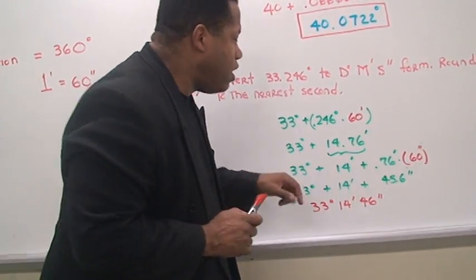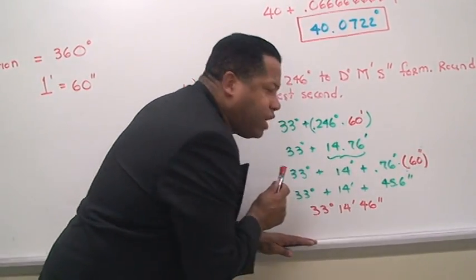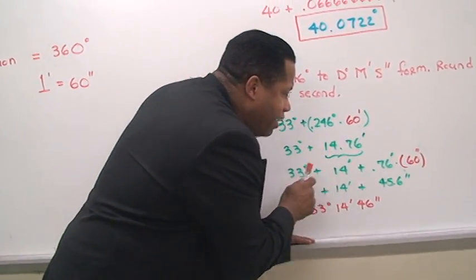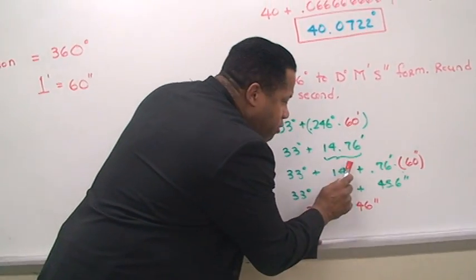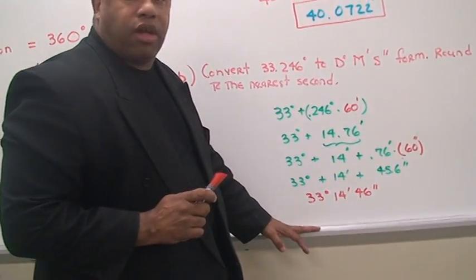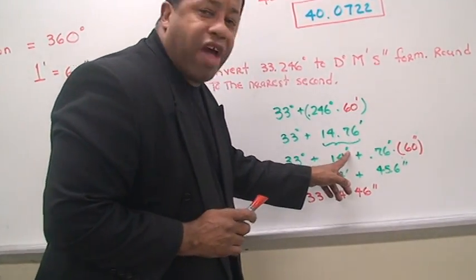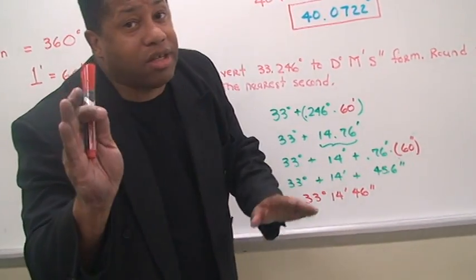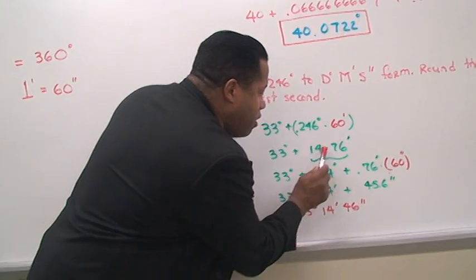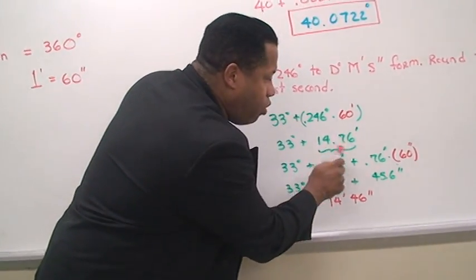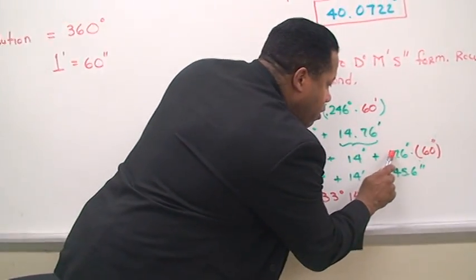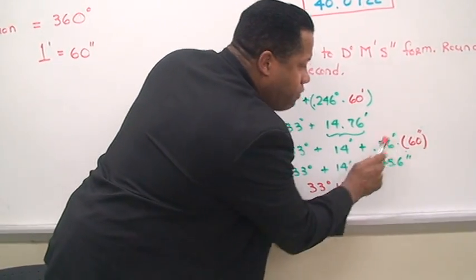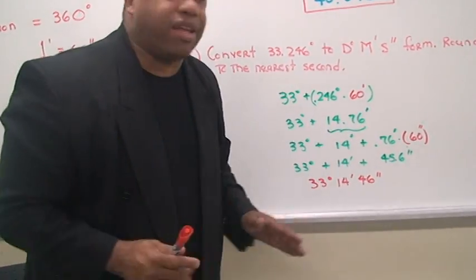You see this? So I'm going to take this 14, the whole number, and leave it where it is. Keep the unit minutes here, and then split it, plus 0.76. It still has to be in minutes because it's part of this whole number here. But this part that you're getting ready to do has to be converted to seconds.